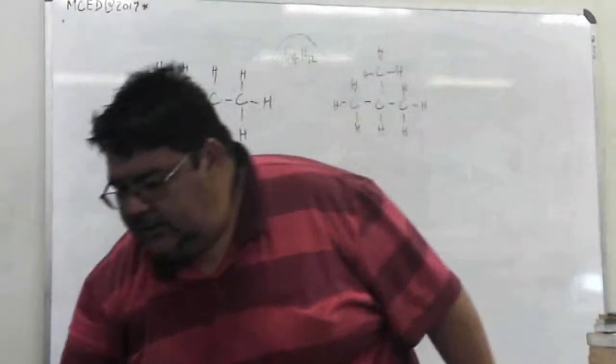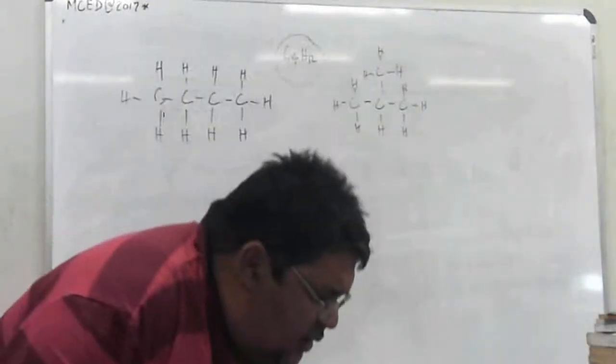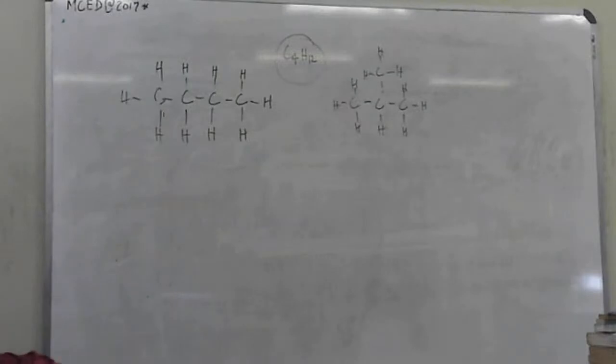So hopefully you're going to understand my explanation because you understand what an atom is. So an atom has a nucleus, and the nucleus of an atom has electrons orbiting the nucleus.